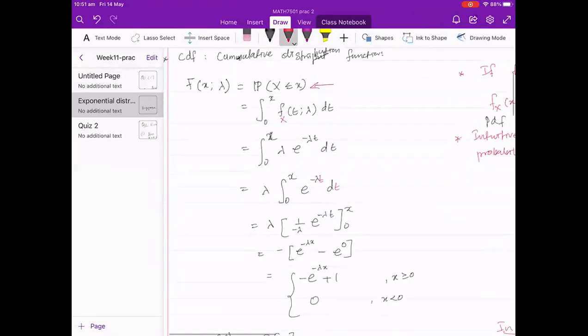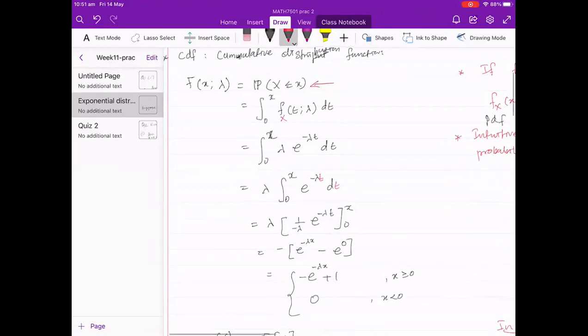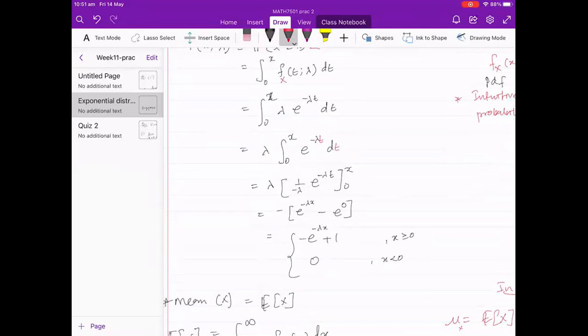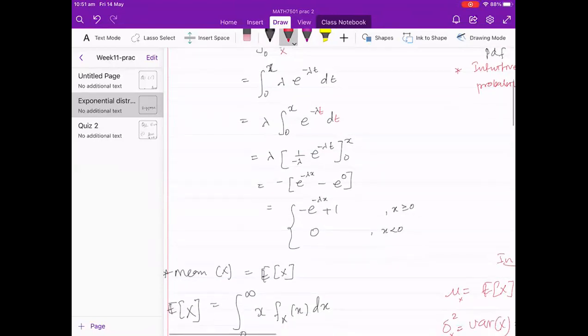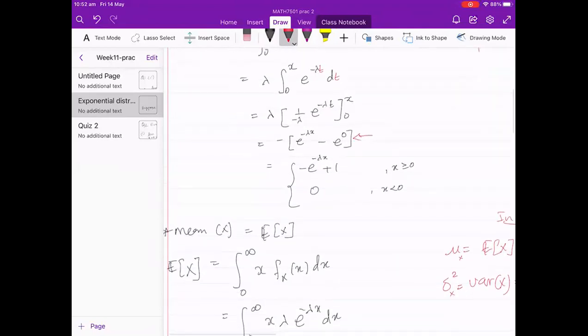Take the integral with respect to t: the integral of e to the power minus lambda t is minus 1 over lambda times e to the power minus lambda t. Evaluating this at x and 0, you get this part here. So the CDF is 1 minus e to the power minus lambda x when x is greater than or equal to 0, and 0 elsewhere. Is that clear?